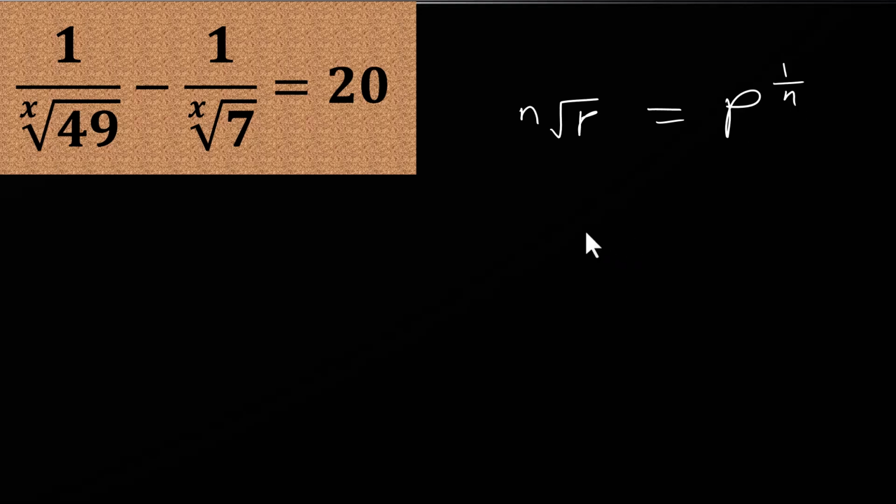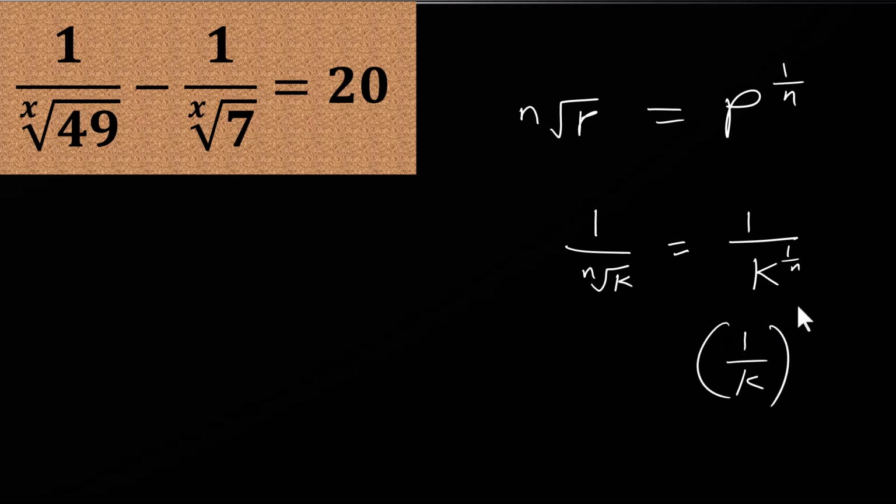And when we have 1 on the nth root of k, it is the same as 1 on k raised to 1 on n, and it's the same as 1 over k all raised to 1 on n. Perfect. Now knowing these properties, we are free to go. Now let's see how we can write this.